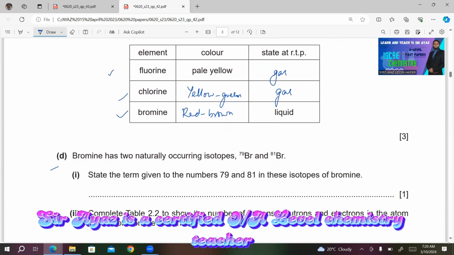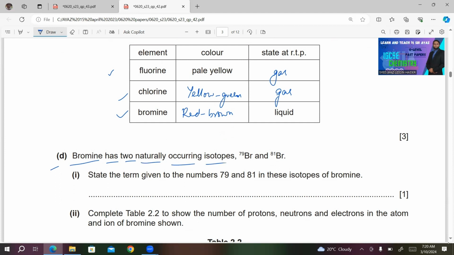Part D. Bromine has two naturally occurring isotopes, Br79 and Br81. Number one, state the term given to the numbers 79 and 81 in these isotopes of bromine. They are either nucleon number or mass number.